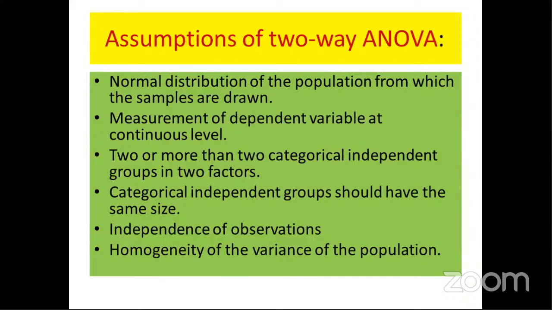All right. And also, categorical independent groups should have the same size, right? And independence of observation is also observed, and it is supposed to be assumed to be independent, no?